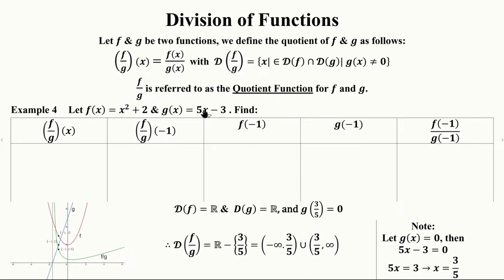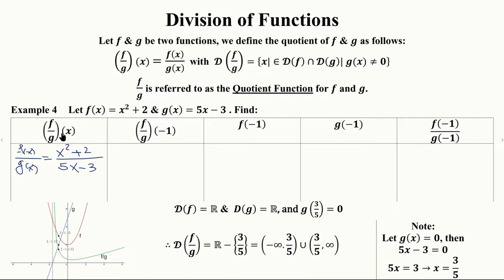So here we have our two familiar functions. This time we're going to find the quotient function. So f over g of x, as we know, is going to be f of x over g of x. So it'll be x squared plus 2 over 5x minus 3. Now we want f over g evaluated at the input -1.